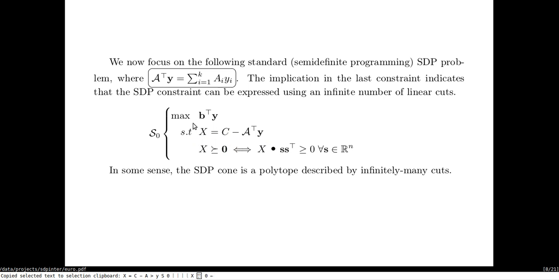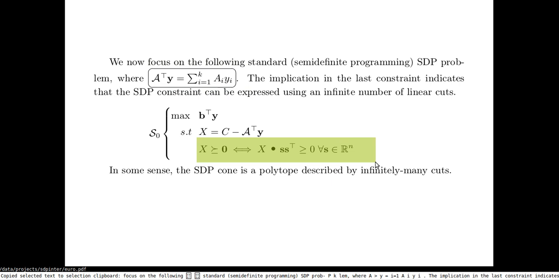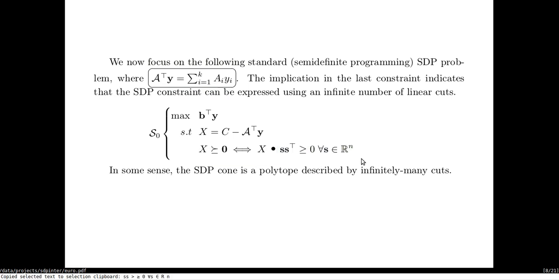X is written this way, where this operator simply sums up A_i y_i. This is the classical formulation, and here we have this implication, which says that the dot product between X and this matrix S S transpose is greater than or equal to 0. We all know these implications in SDP programming.